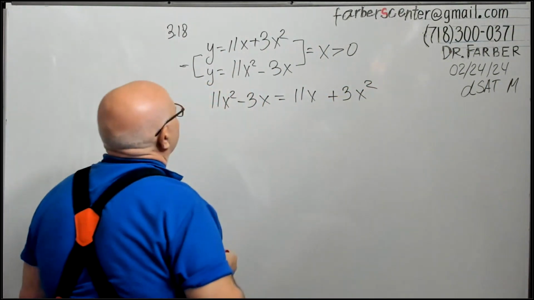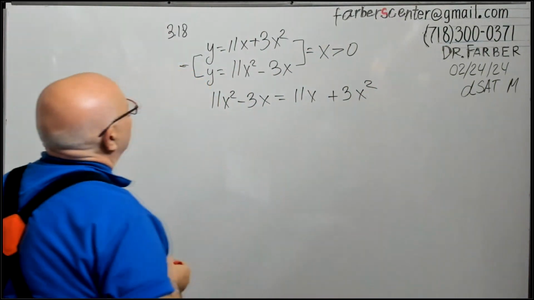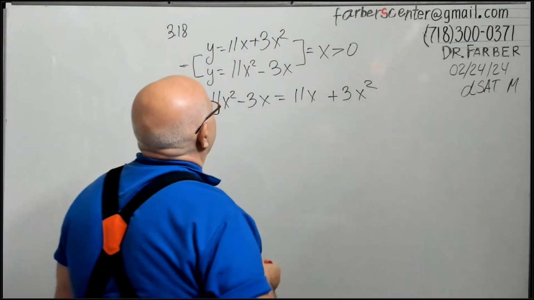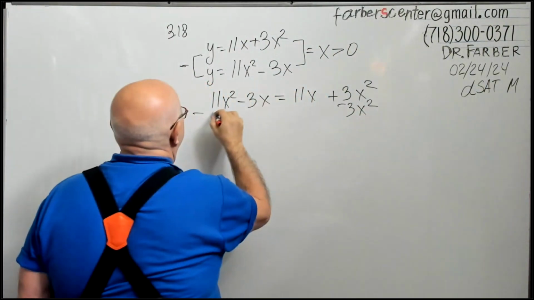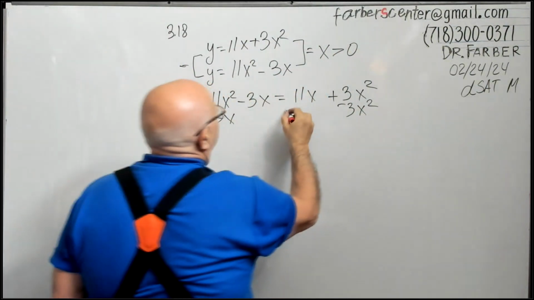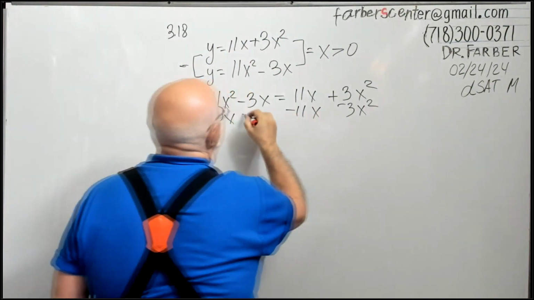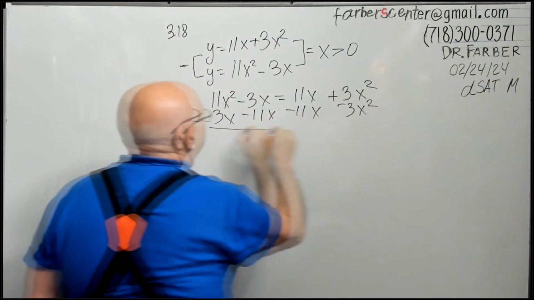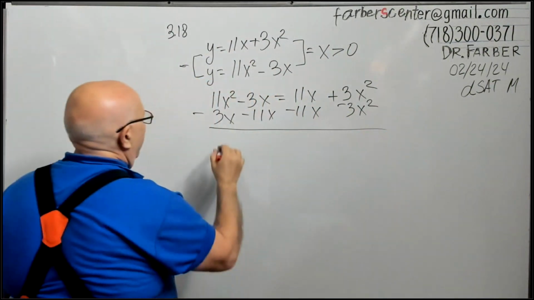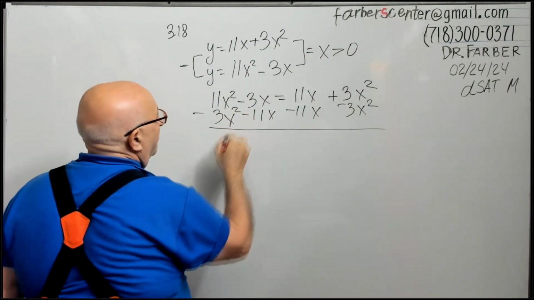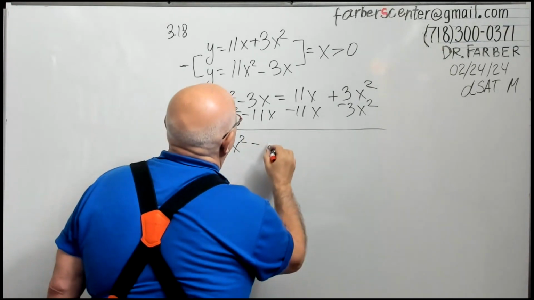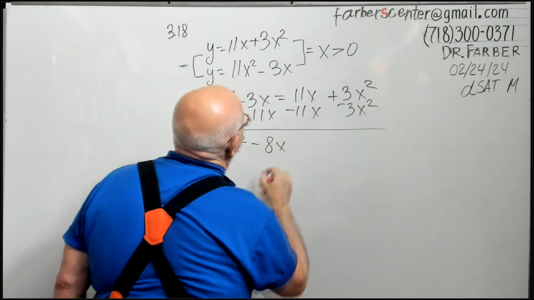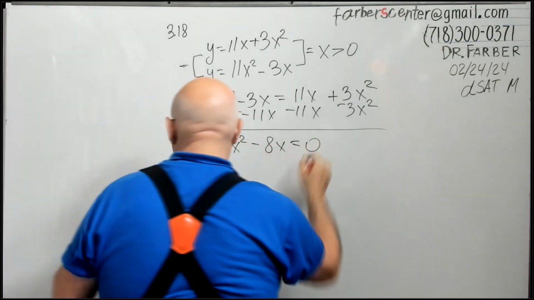Order is not important here. So minus 3x squared, minus 11x, normalize this. You'll have 8x squared minus 8x equals 0.